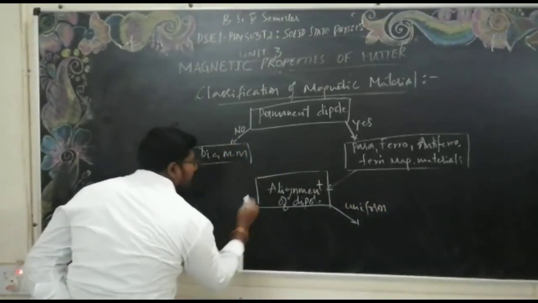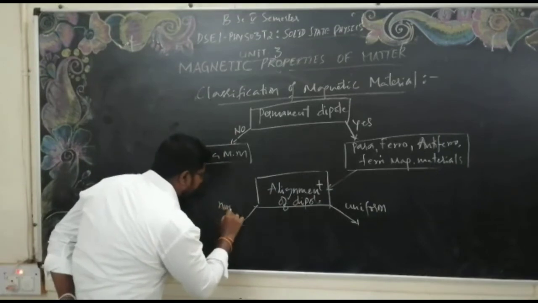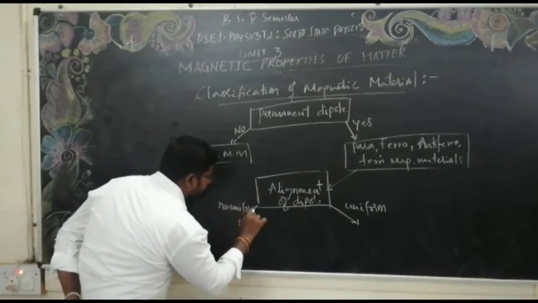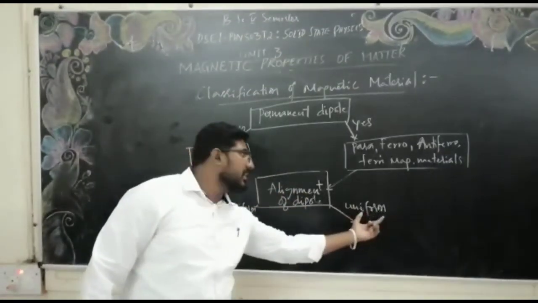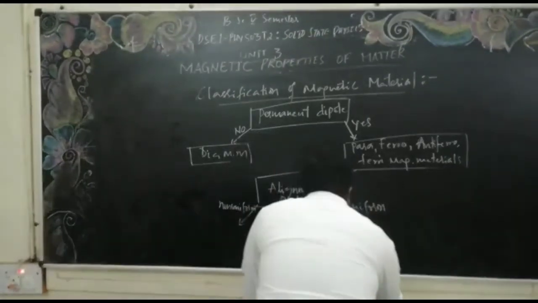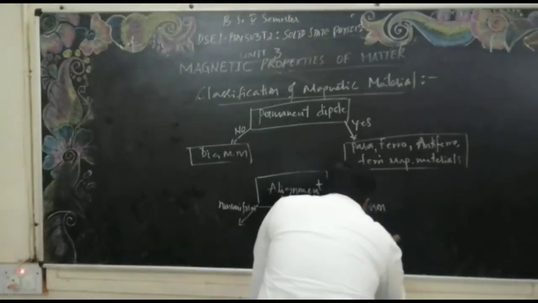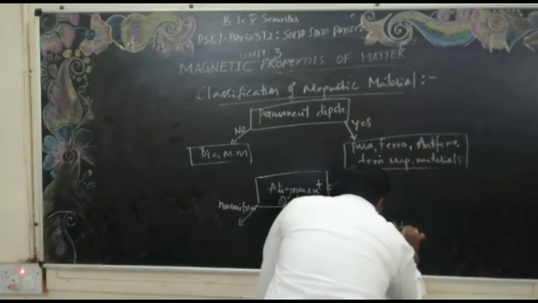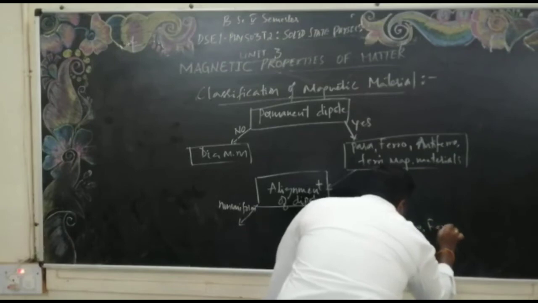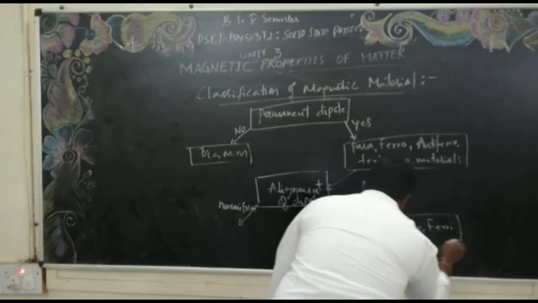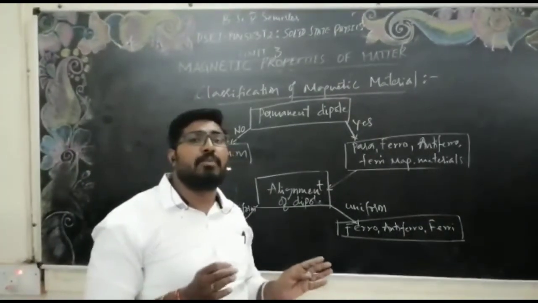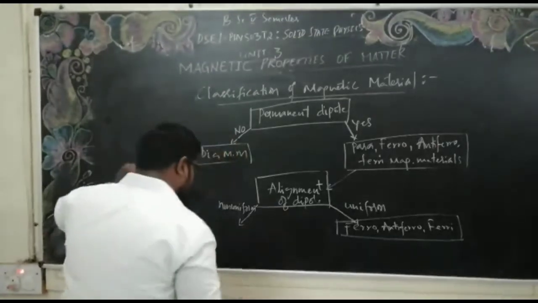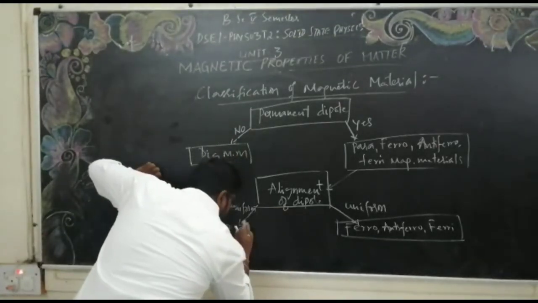If the alignment of the dipoles is the same or uniform, those types of material come under ferro, antiferro and ferri. In the case of non-uniform, all the magnetic dipole moments are aligned randomly. In that case it is paramagnetic.